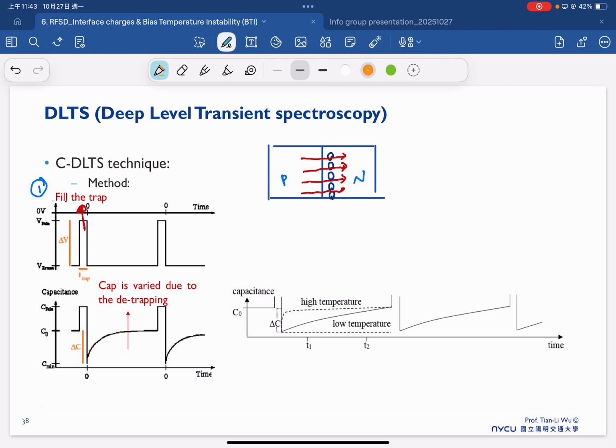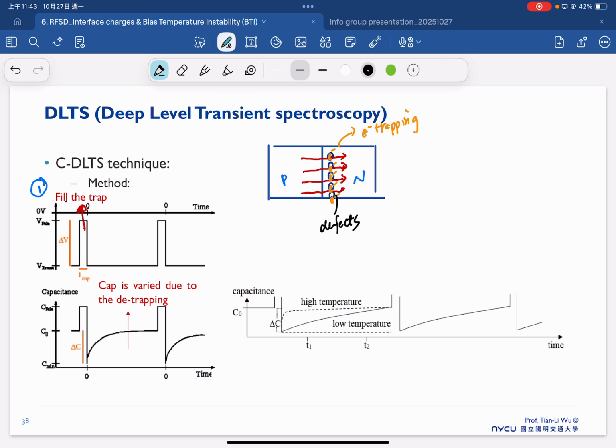So you will start to see the electron capture here. That's the electron trapping. We have the defects here.